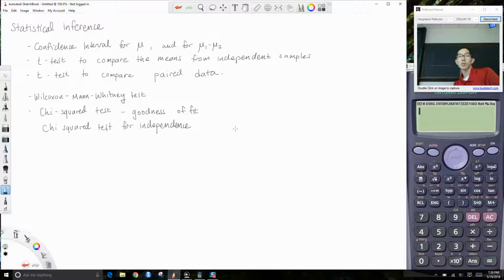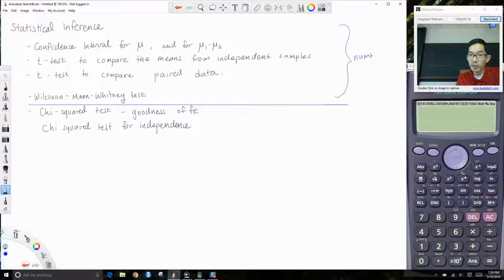Okay, and so maybe I will draw a line here. All of these methods up here are for numeric variables: the confidence interval for mu and mu1 minus mu2, the t-tests to compare the means and for paired data, and the Wilcoxon Mann-Whitney test.